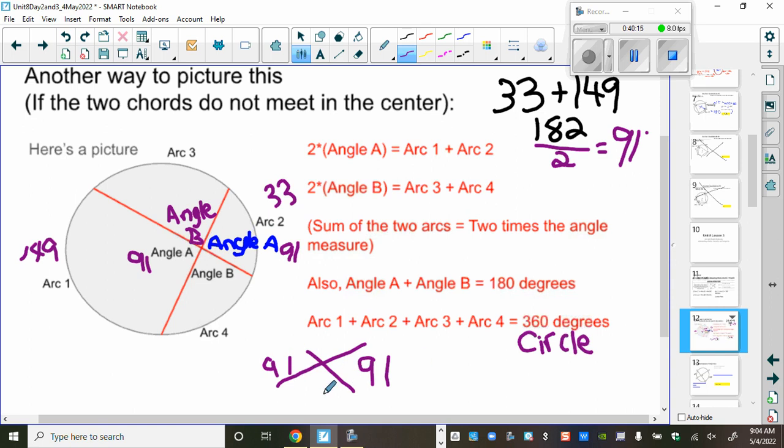Because what must the sum of the two angles that are next to each other add up to be? 180. So it's 180 minus 91.